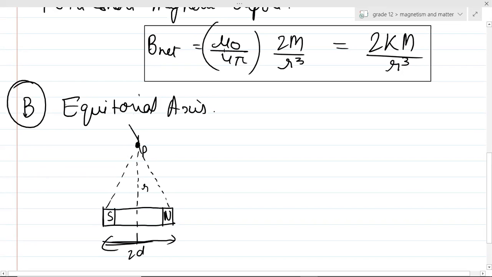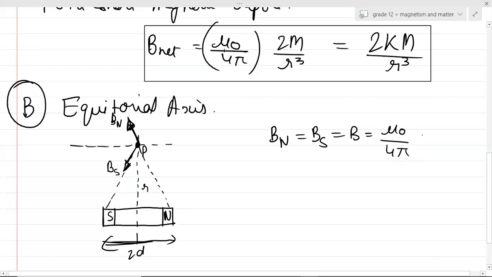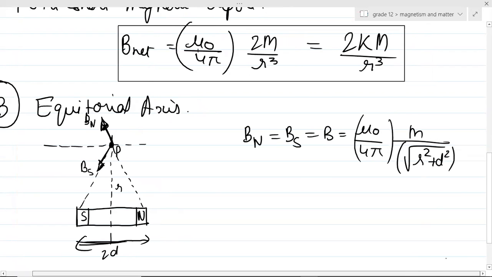So now the magnetic field due to the north pole will be acting away from it, and the magnetic field due to the south pole will be acting towards it. Hence the overall field will be, and we know this, Bn and Bs, they both will be equal, and equal to mu naught by 4 pi into m by under root of r square plus d square, whole square.